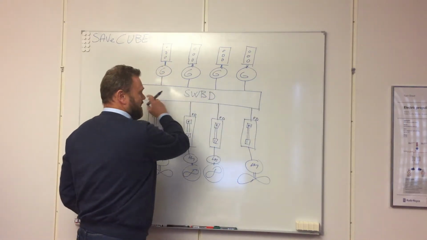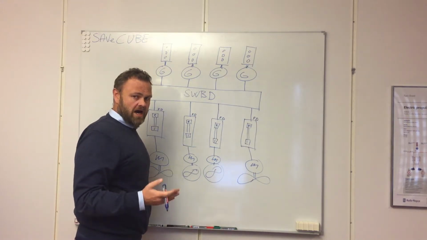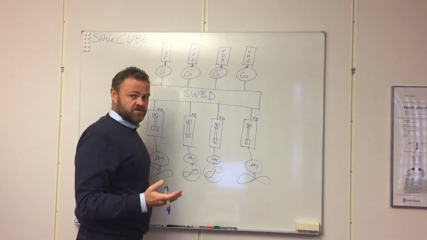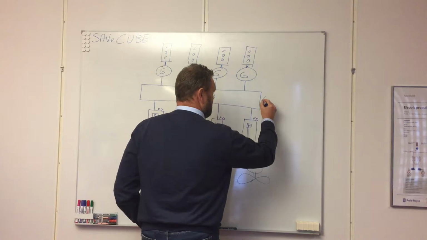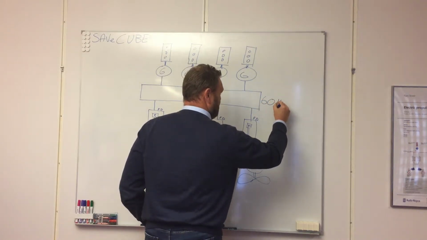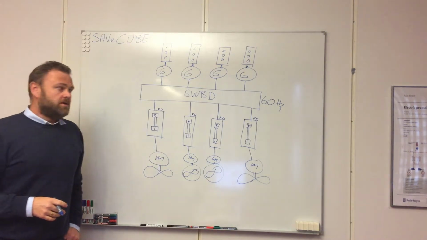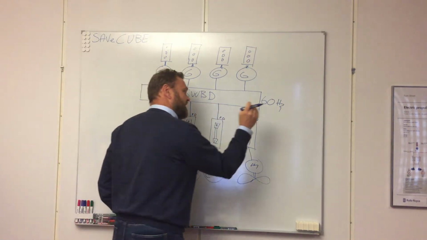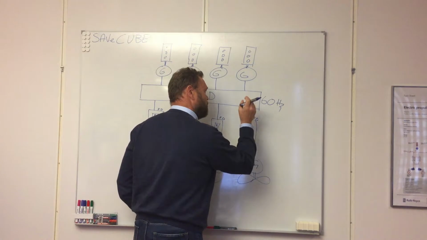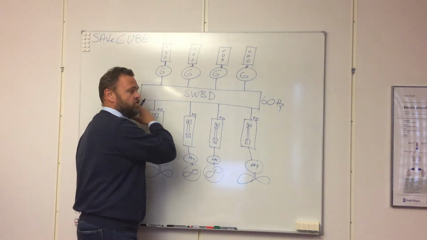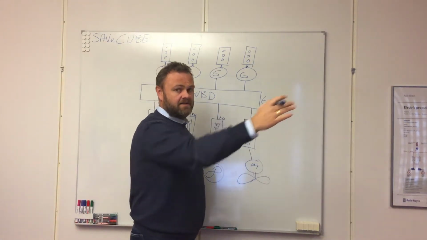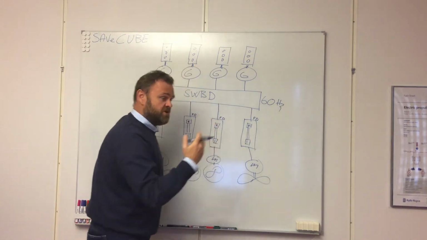On the switchboard, we need to have 60 Hertz. So we need a stable frequency on the voltage on the switchboard due to everything that is connected to the switchboard.